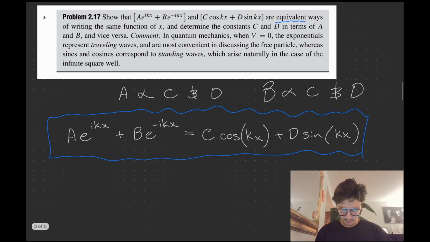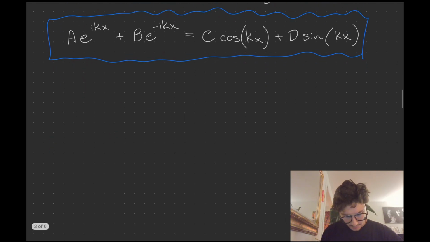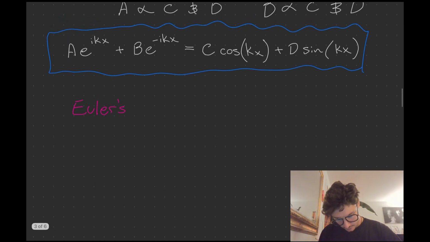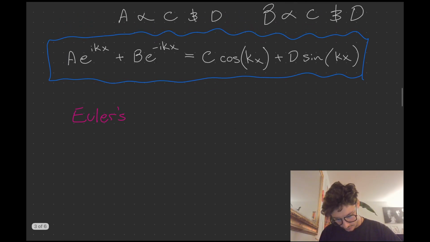All right, now what can we do? Well, what I was thinking of doing when reading this problem, something that I thought of incorporating, is Euler's identity. Mr. Euler, let's do Euler's identity.